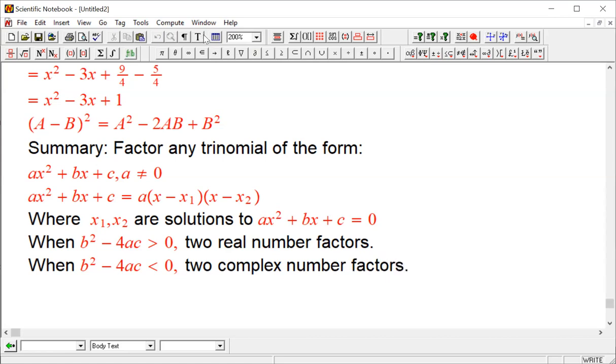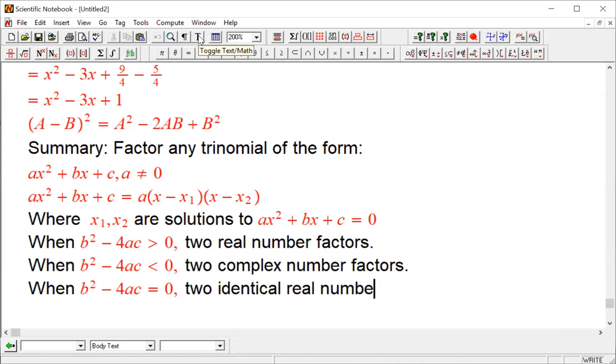Then you say, well, how about b squared minus 4ac equals 0? Just to make it complete, we have two identical real number factors. So these are the three cases.